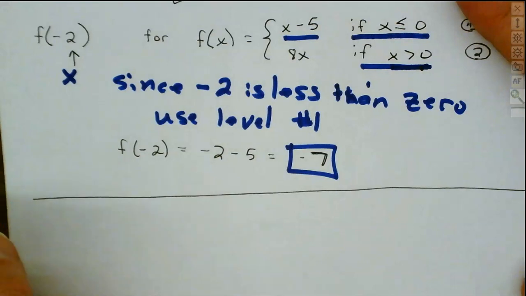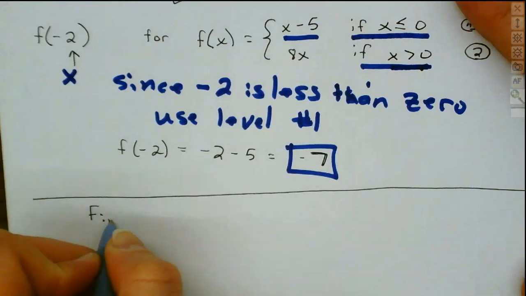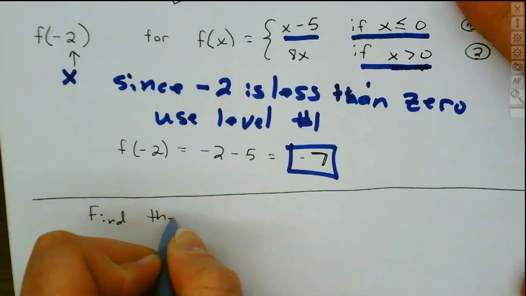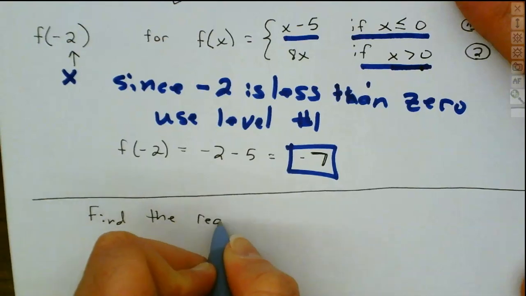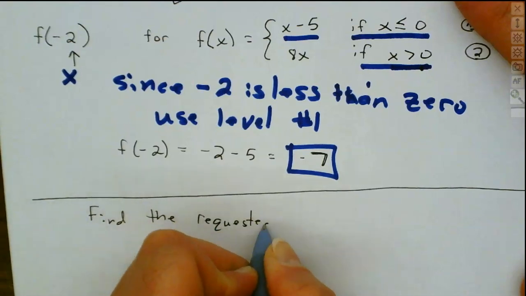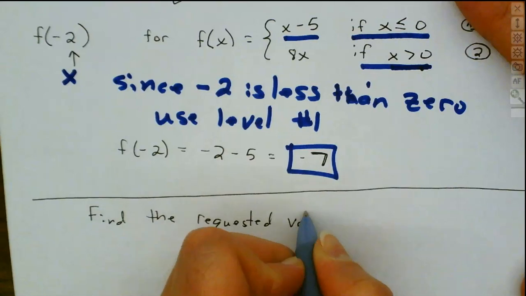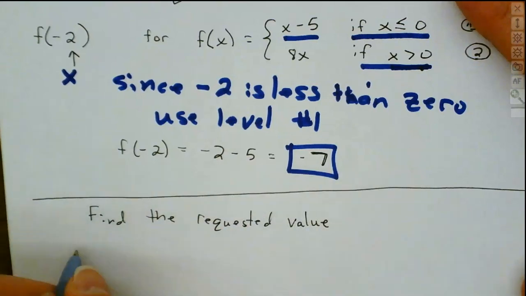So again, same directions. Find the requested value. This one's going to have 3 different levels.